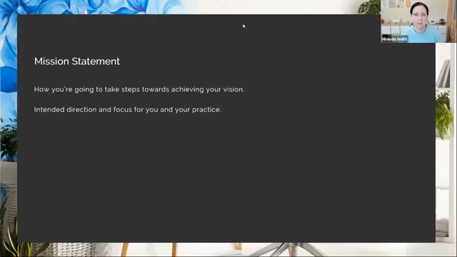I might do them sometime, but if I'm feeling overwhelmed, why don't I go through everything I'm meant to be doing and make sure that I'm focusing on and prioritizing the activities that are going to have the biggest impact on me and my practice achieving my vision and mission.